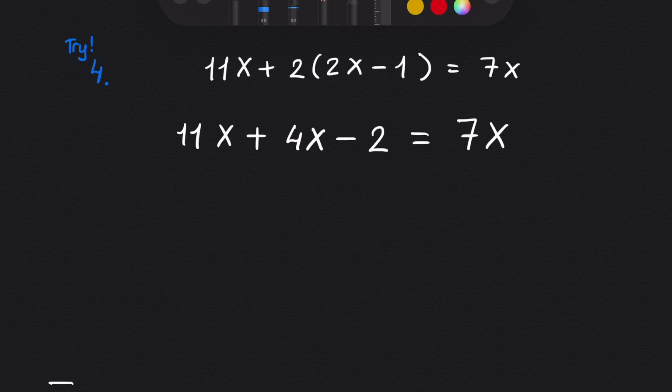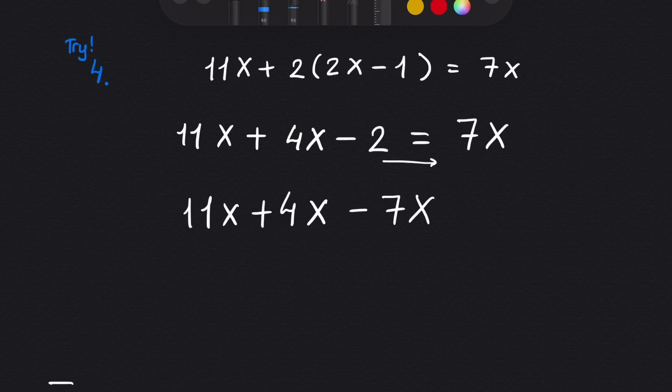So we're going to have 11x plus 4x. Now 7x is going to be negative because we're moving it to the other side. And 2 is going to be positive because it's going to the other side of the equation. Okay, so now we're left to combine the like terms. So it's going to be 8x equal to 2.